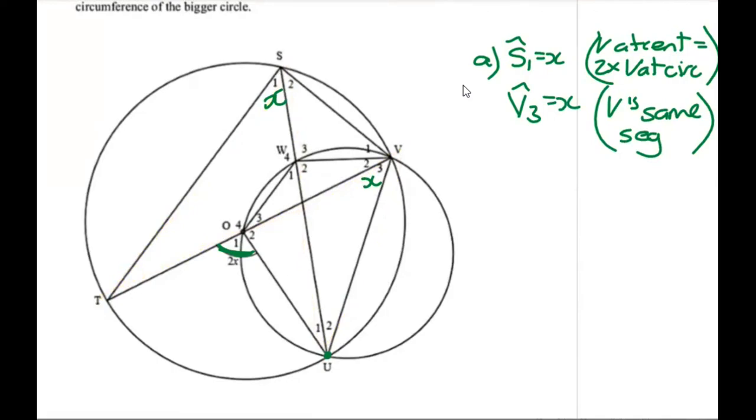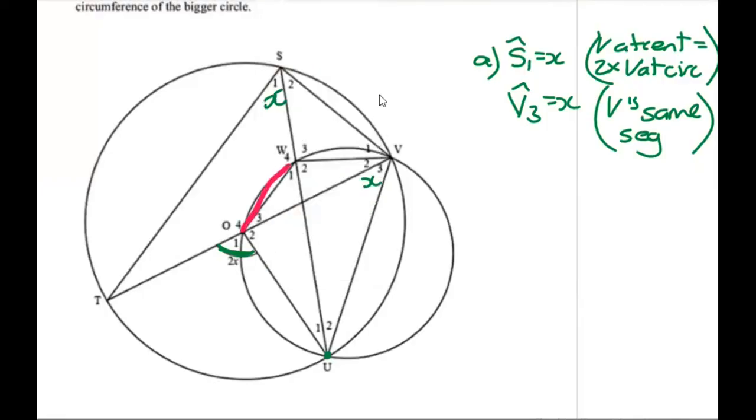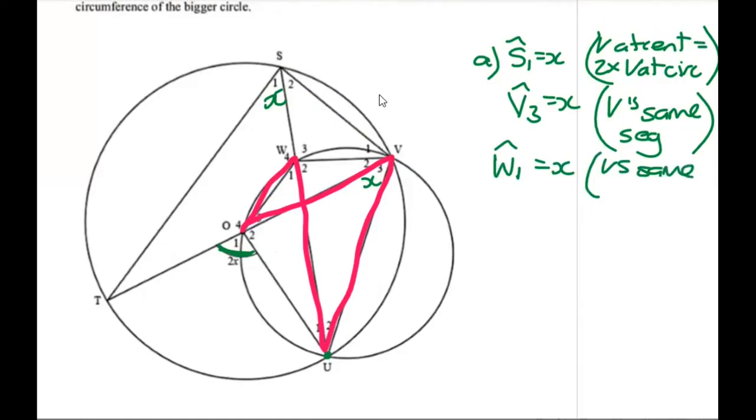Okay, so have a look in the smaller circle. We've also got bow ties in the smaller circle. Yes, W1, brilliant. W1 would be equal to x. Make sure you've got the correct angle at W. And again, that is angles in the same segment.